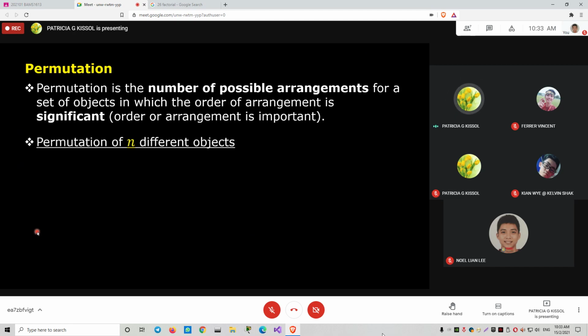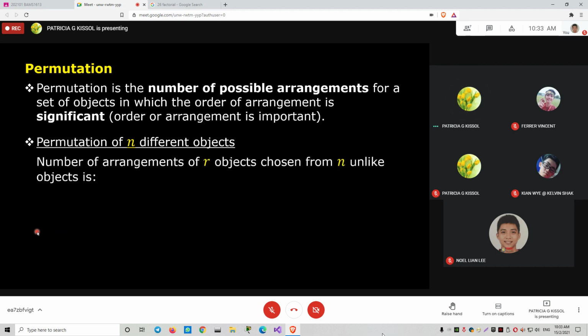So the formula for the permutation of n different objects, depending on how many n you have, the number of arrangements of R objects, R here being the number that you want to choose from n unlike objects, is given by this formula nPr, n permute R equals n factorial over n minus R factorial.